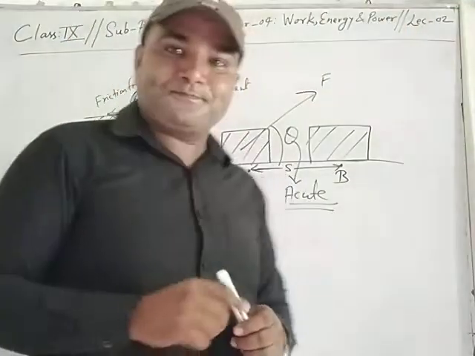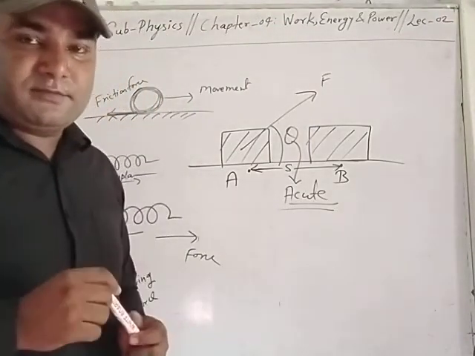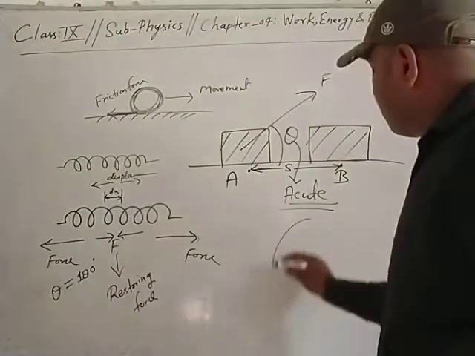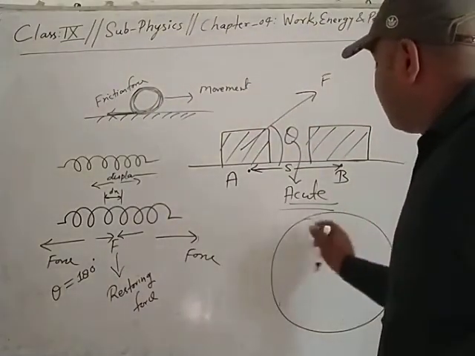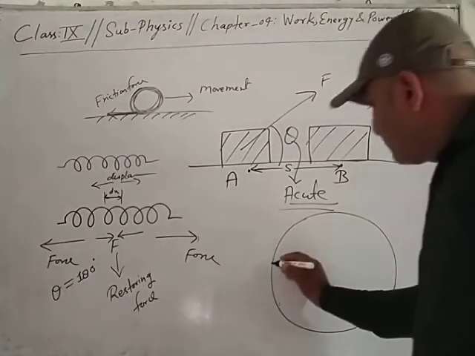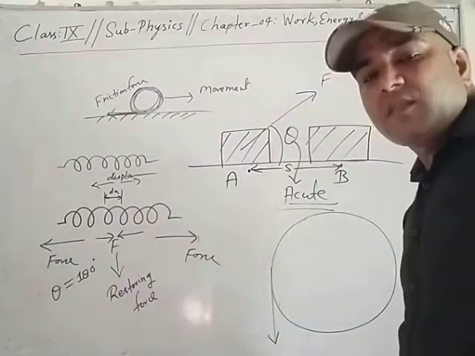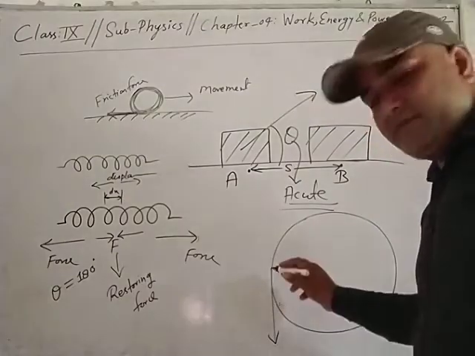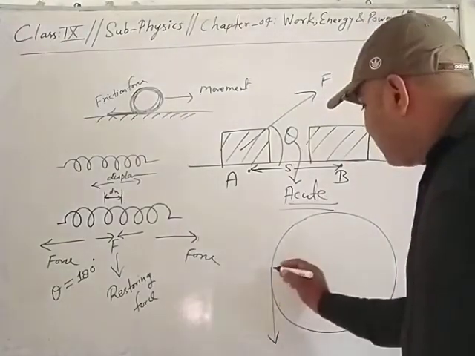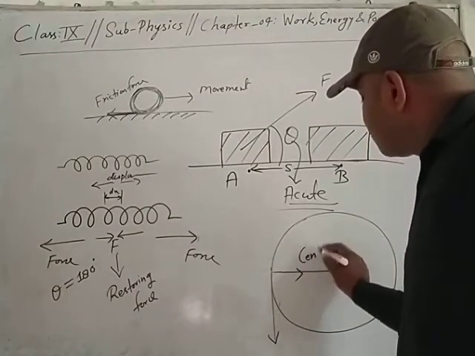And the last one, an example of zero work. A very simple example: in the case of circular motion, this is the circle, and a body is moving on this circular track. The direction of displacement or movement is clear, but the force is the centripetal force.